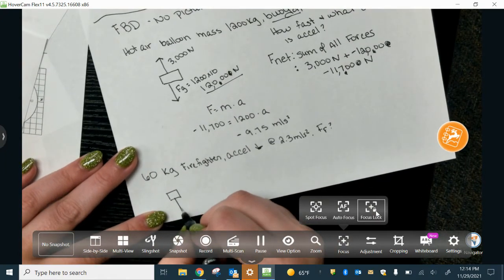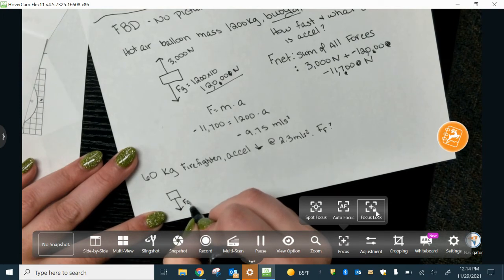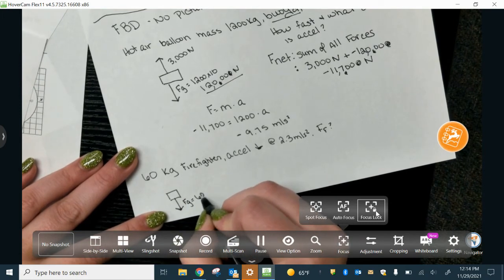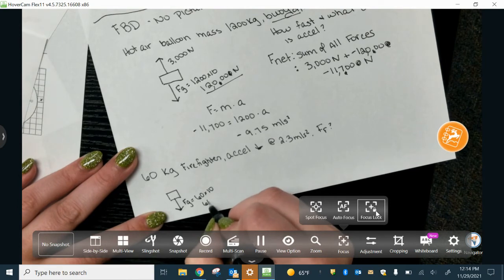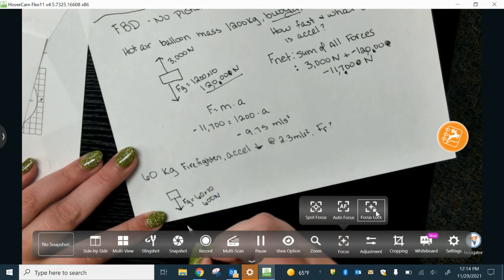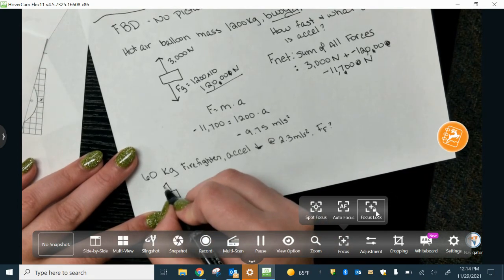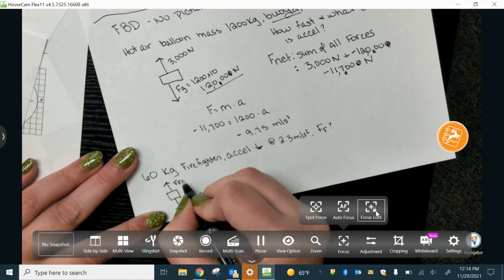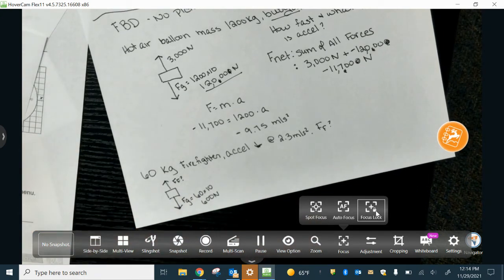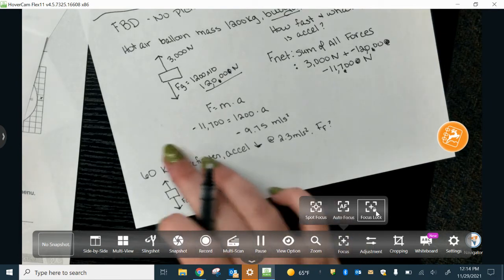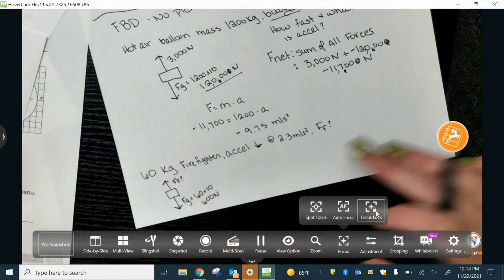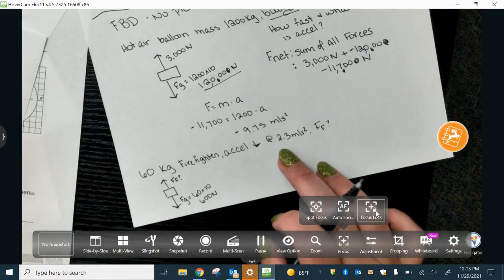The thing pulling him down would be his weight, which would be 60 times 10, 600 newtons. We do not know his frictional force. We just don't. But we know that the entirety of this guy is going downwards at 2.3.